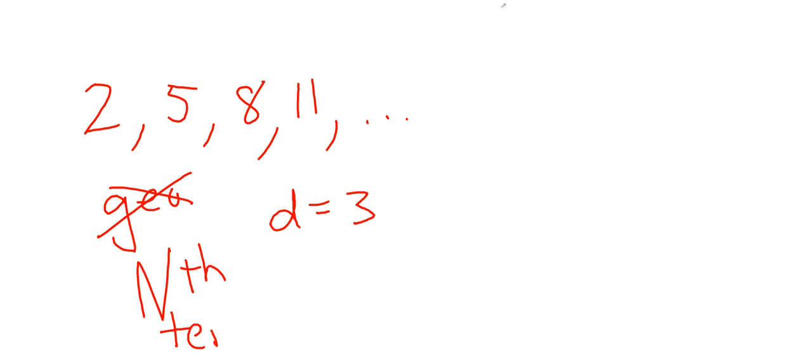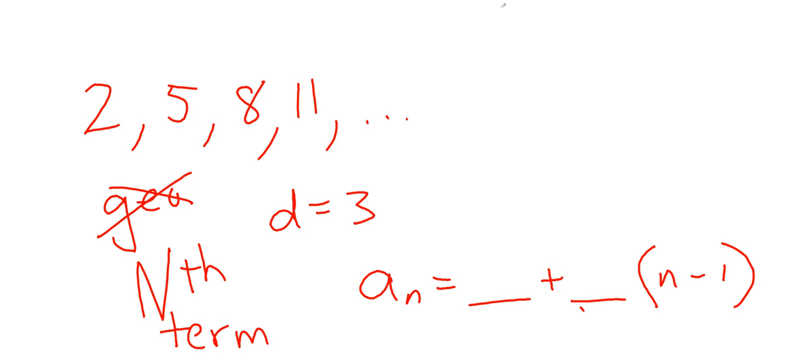If you haven't heard that statement, I've seen it in my notes. The nth term would be the formula, which is what you wrote down on that entire assignment. What do you write for arithmetic? It's going to be 2 plus 3 times (n minus 1).